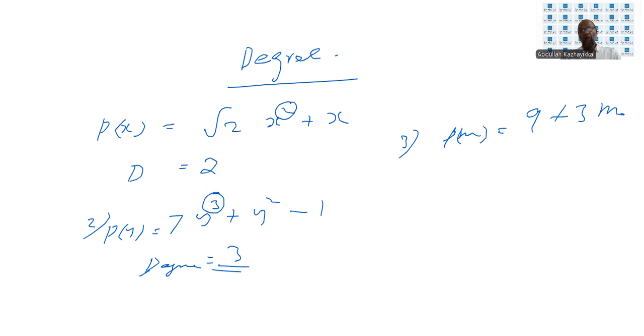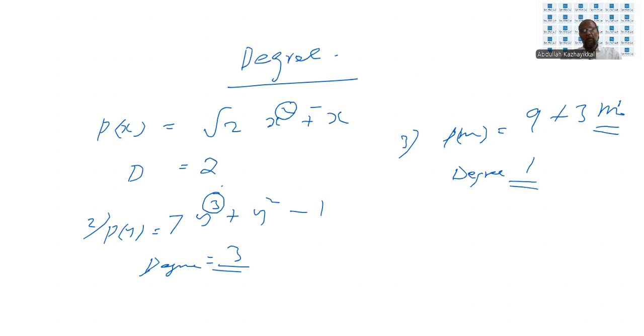And P(m), polynomial on m. So here we know the variable is m. Sir, there is nothing there. Yes, there is something, that is 1. So the degree is 1. This is degree 1. Here degree 3, here degree 2.